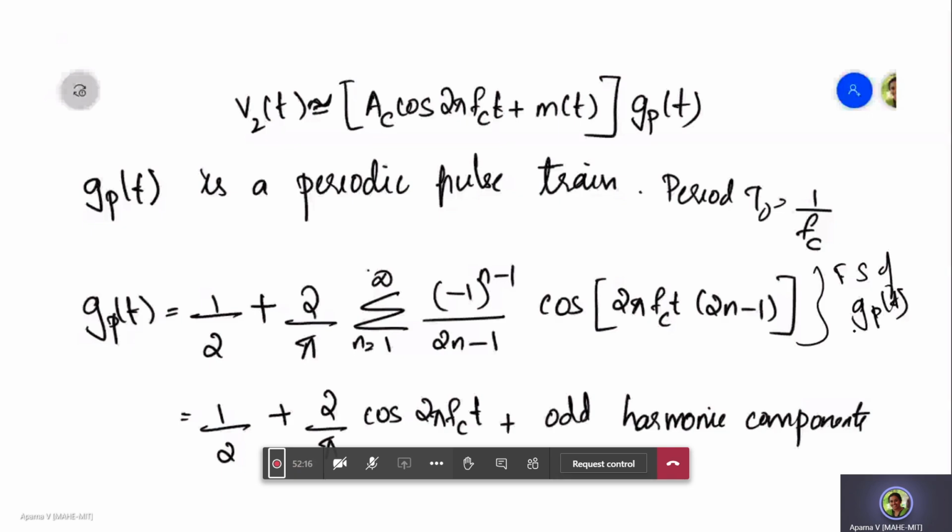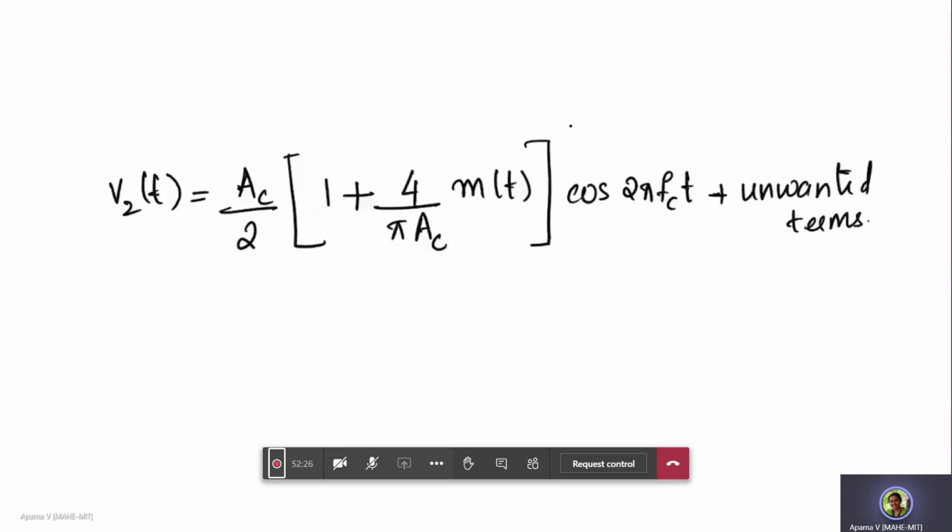So this is my g(t). Let us see multiplying those two. The term Ac cos 2 pi fc t plus m(t), multiplied by this Fourier series expansion, gives an expression like this. Ac by 2. Isn't it similar to the modulated AM expression?